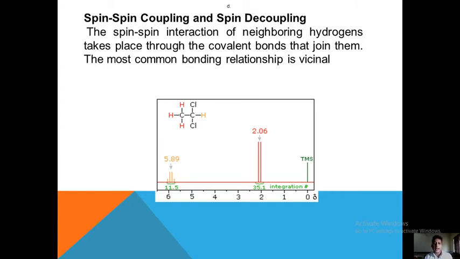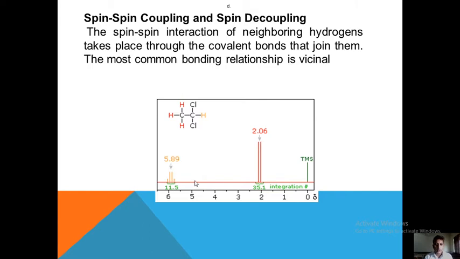The spin analysis also suggests that the intensity ratio of these signals will be 1 to 3 to 3 to 1. So clearly we can see the ratio of these peaks is 1 to 3 to 3 to 1.